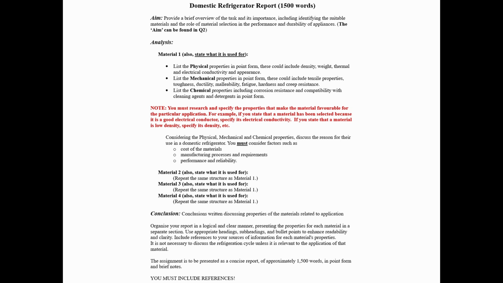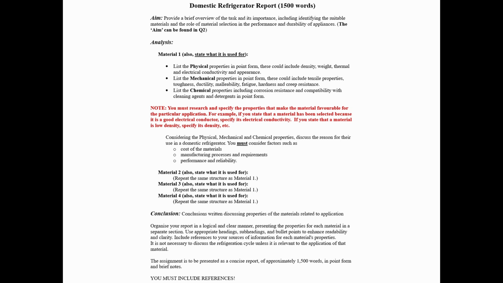And then considering the physical, mechanical, and chemical properties, discuss the reason for their use in a domestic refrigerator. You must consider factors such as the cost of the materials, manufacturing processes and requirements, as well as performance, reliability, and sustainability.